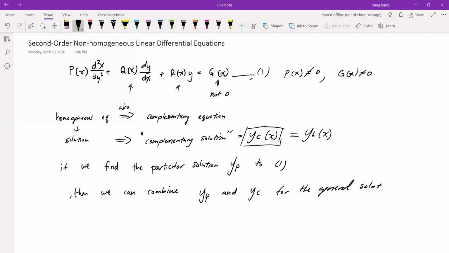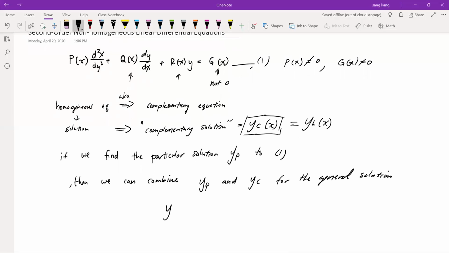Okay, so this is a general solution to the non-homogeneous second order linear differential equation. So this is y as a function of x equals yp, which is a function of x, plus y sub c, which is a function of x.